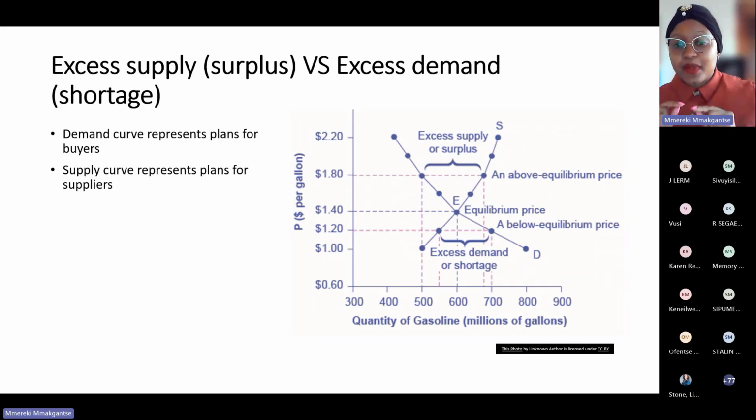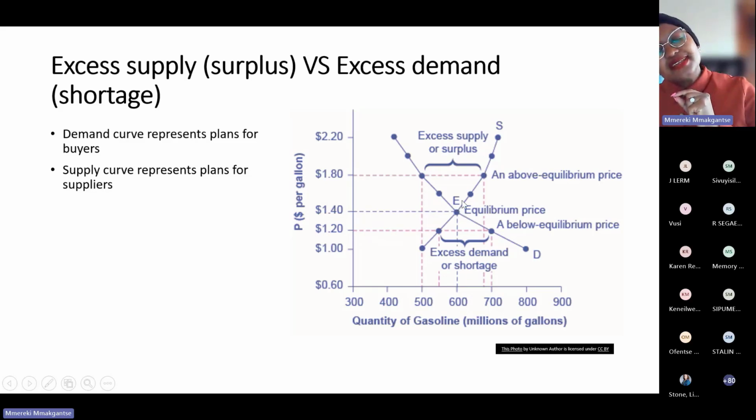Even with our example, we can see that the equilibrium price here is 140, and the quantity where they intersect together is 600.